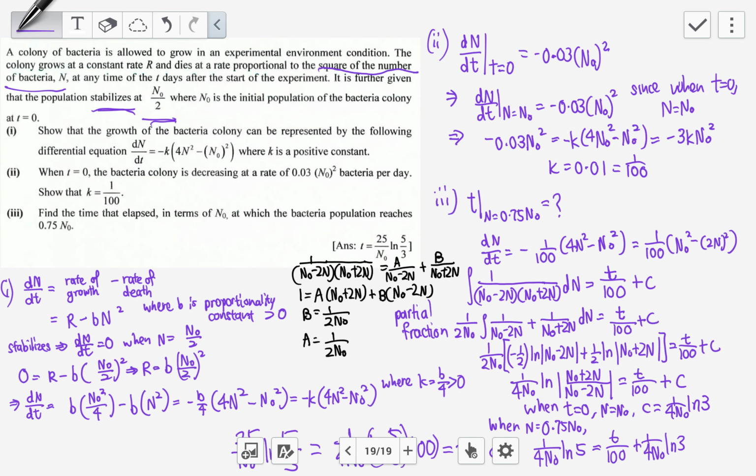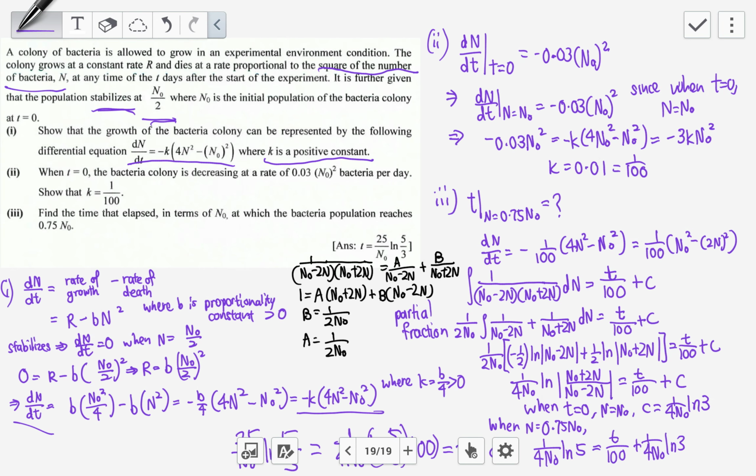Since b is a constant, b over 4 is still a constant, so I let k be b over 4. Since b is a positive constant, b over 4 must be a positive constant. This means that k is a positive constant as required. The negative in front will be there, so we have exactly the form that they want us to show.